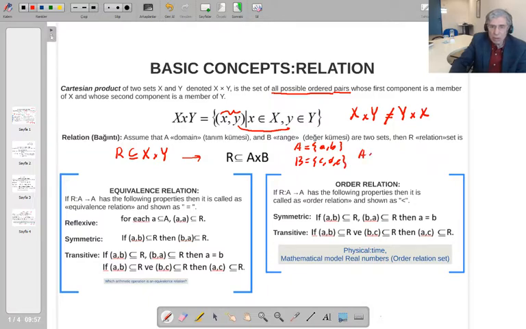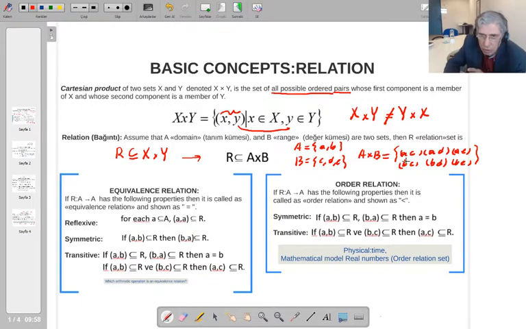Then A Cartesian product B is equal to (a, c), (a, d), (a, e), and then (b, c), (b, d), and (b, e).